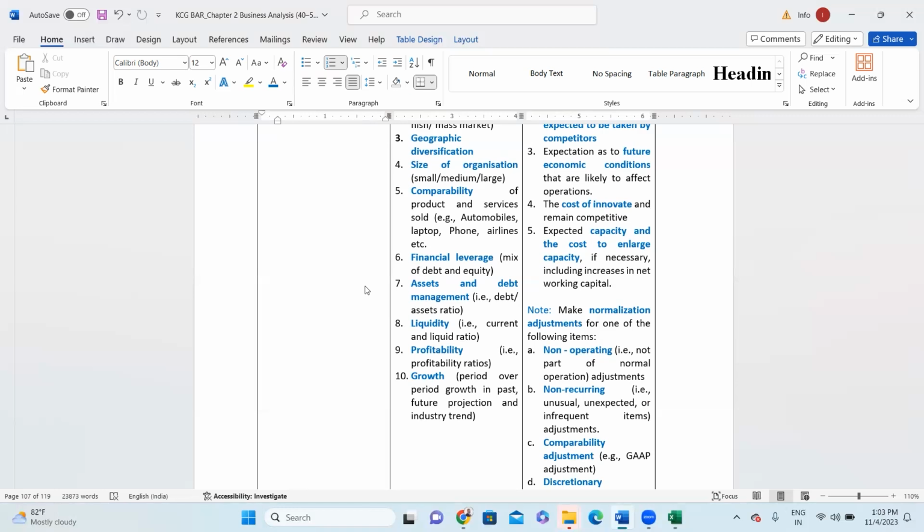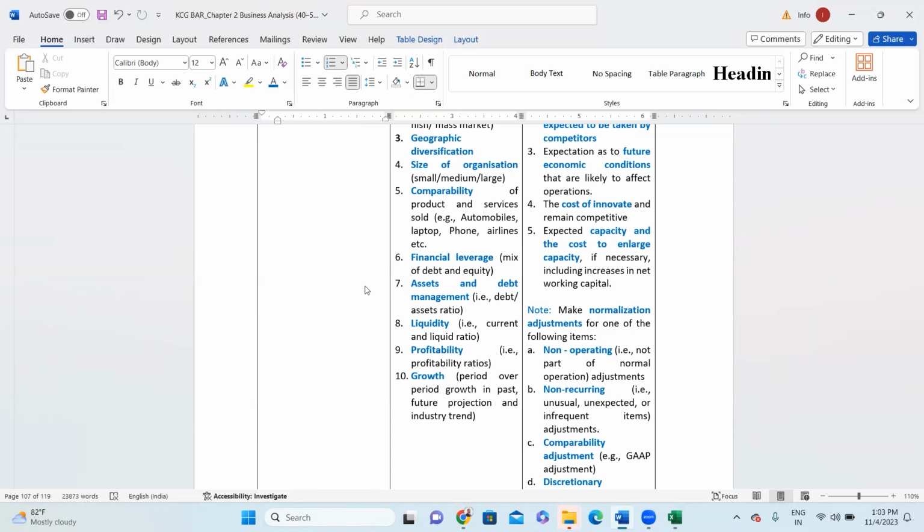The next is financial leverage. If you remember, we have already discussed that each company needs to use financial leverage to maximize the return on investment and minimize the cost of debt and other securities, right? So you need to use financial leverage.